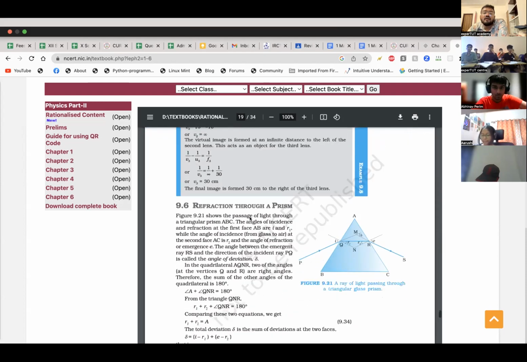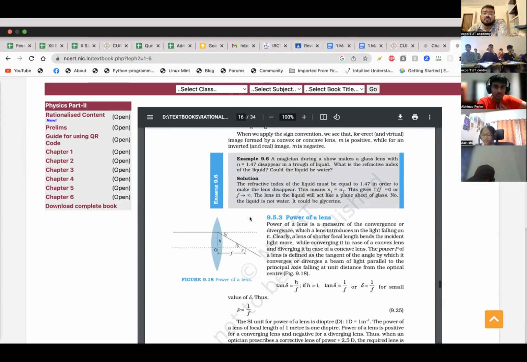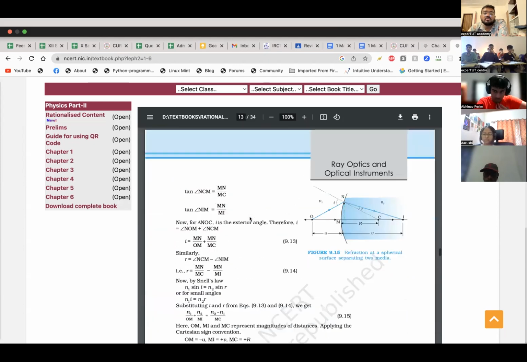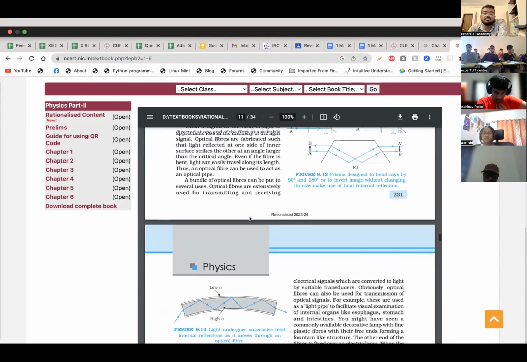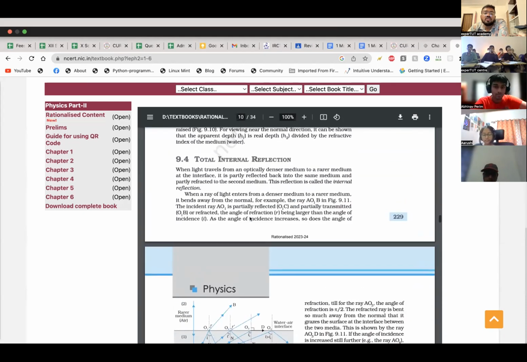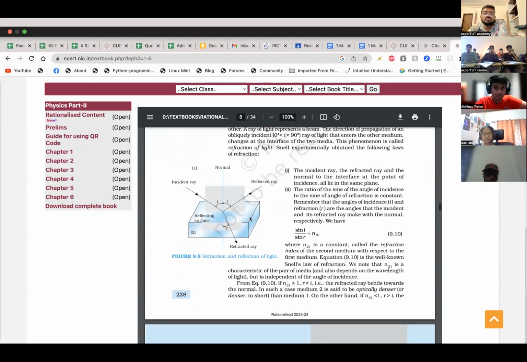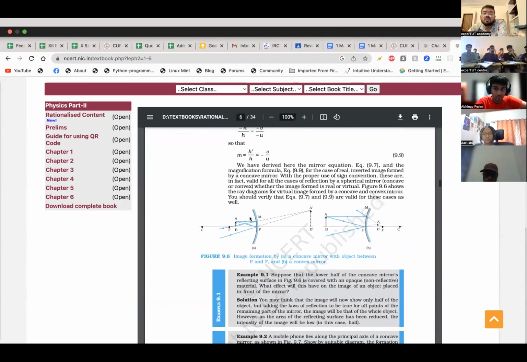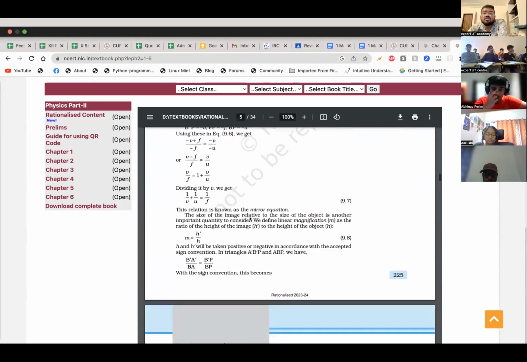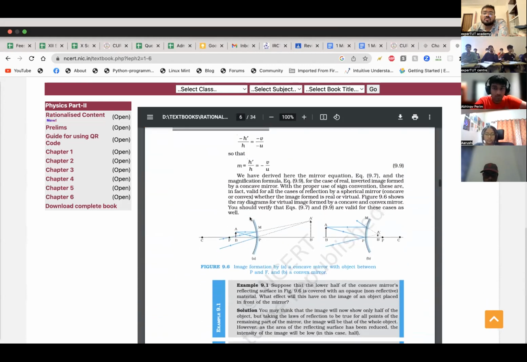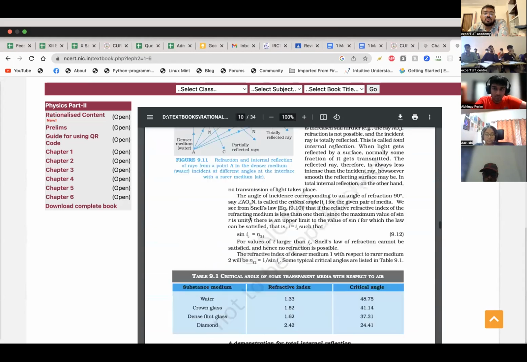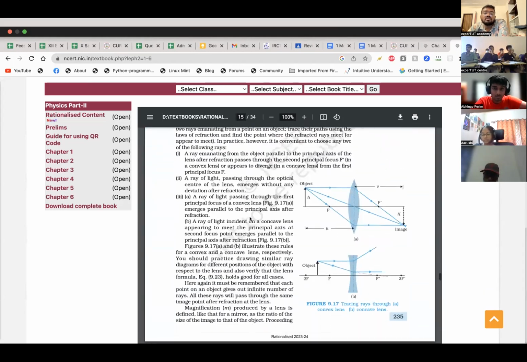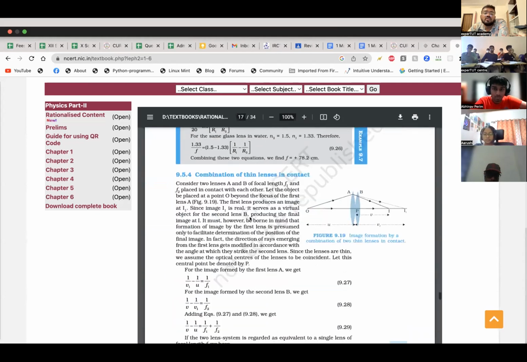You have done all this before TIR: concave mirror, convex mirror, 1 by v, 1 by u, is equal to 1 by f. We'll still do it. But if everyone knows it, we will do it fast. If you have doubt there, we will do it slow.